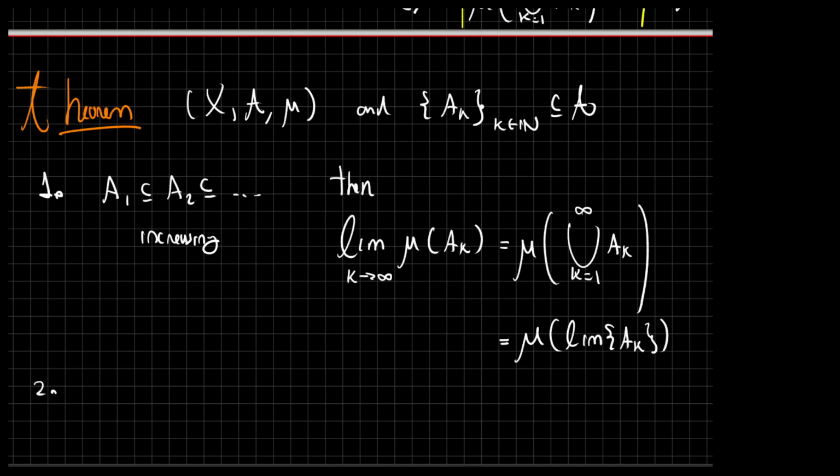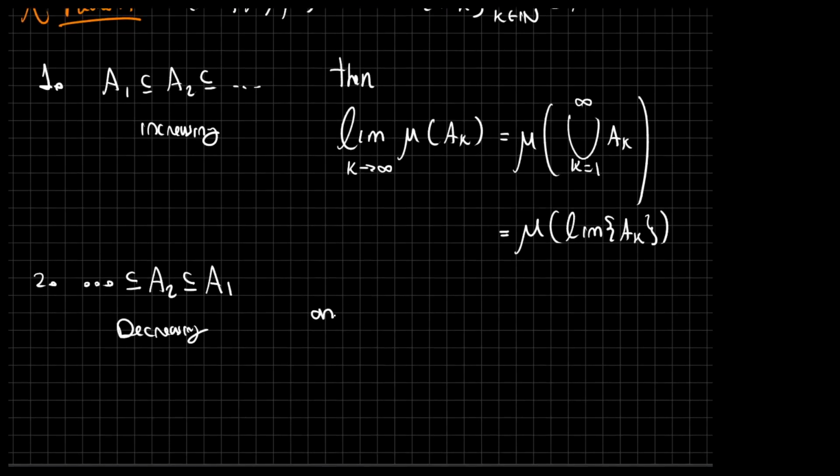Now the second property is that if we have a decreasing sequence, and by that I mean that A1 contains A2 and so on, and the measure of the first element is finite. So if the measure of this is finite, then the measure of everything is finite, right?